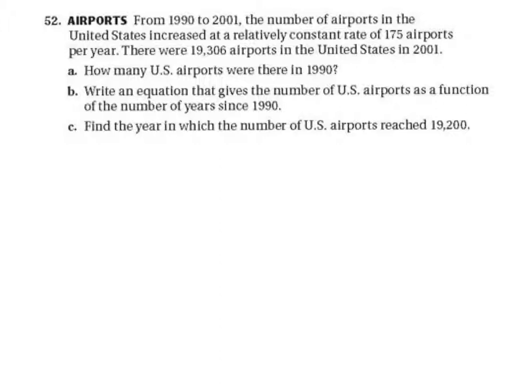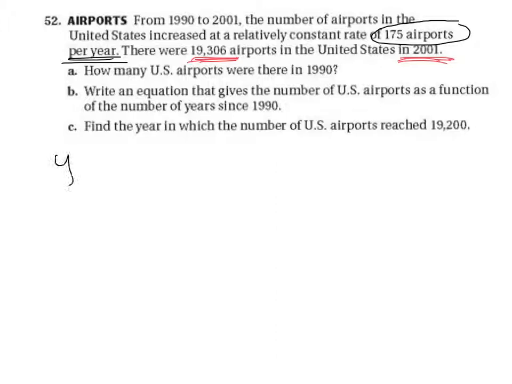From 1990 to 2001, the number of airports in the United States increased at a relatively constant rate, 175 airports every year. So a constant rate of change, slope, right? Constant increase at 175 per year. It tells you that there are this many airports in this year. So it's a little data point you've got going on.